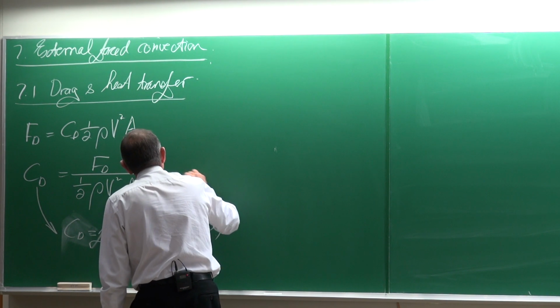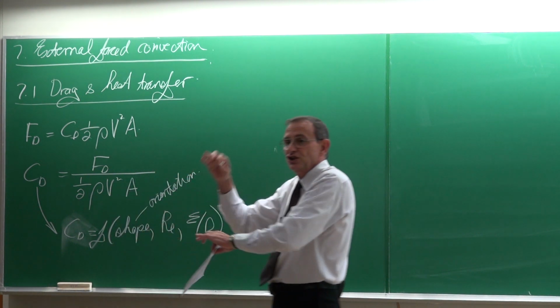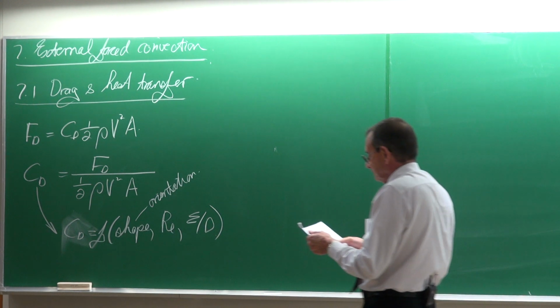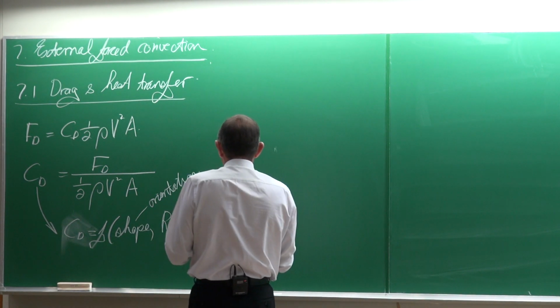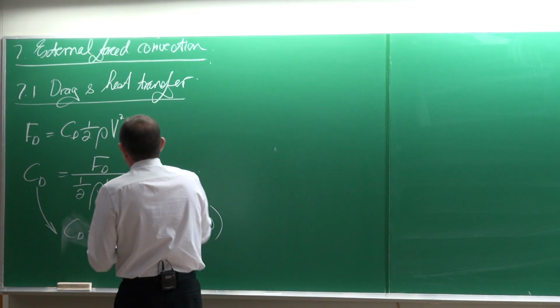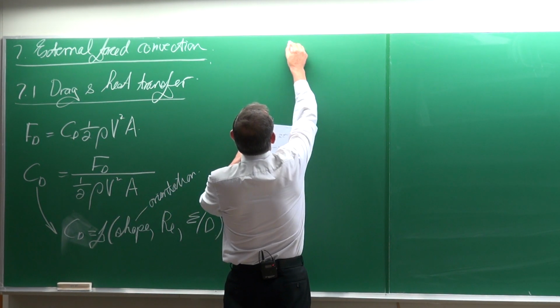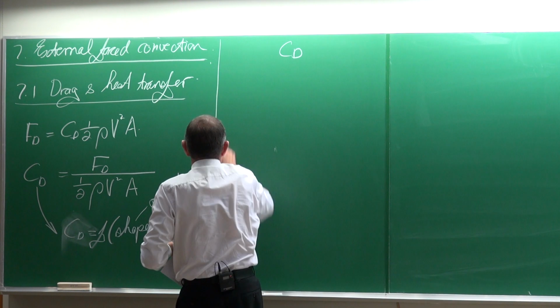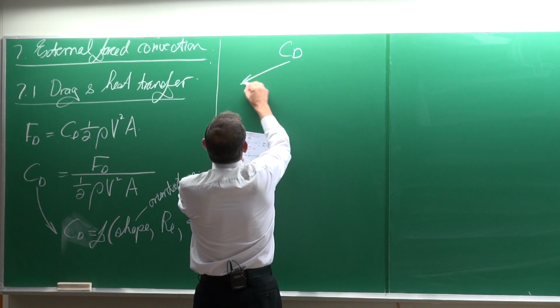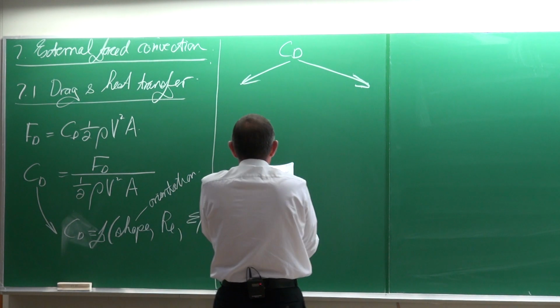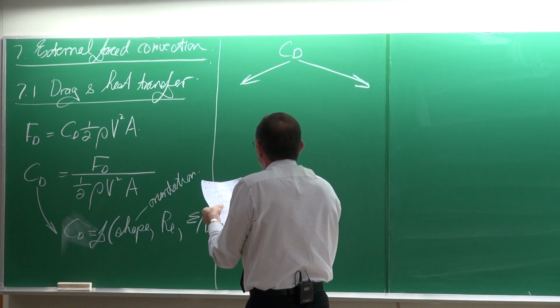It might be the same shape, but by just changing the orientation, you can change the drag coefficient. Now this drag coefficient, CD, is a function of two forces.